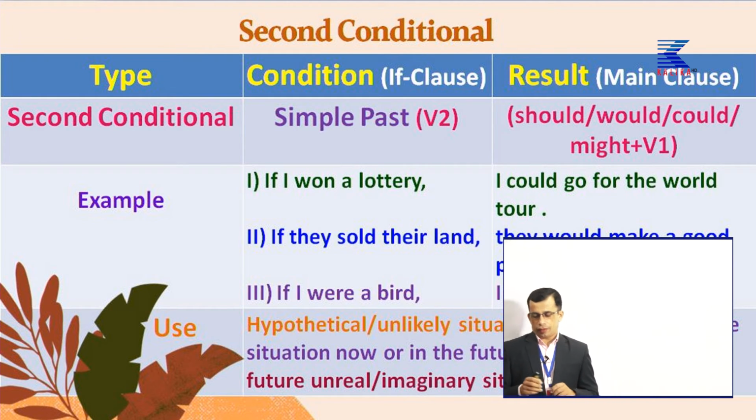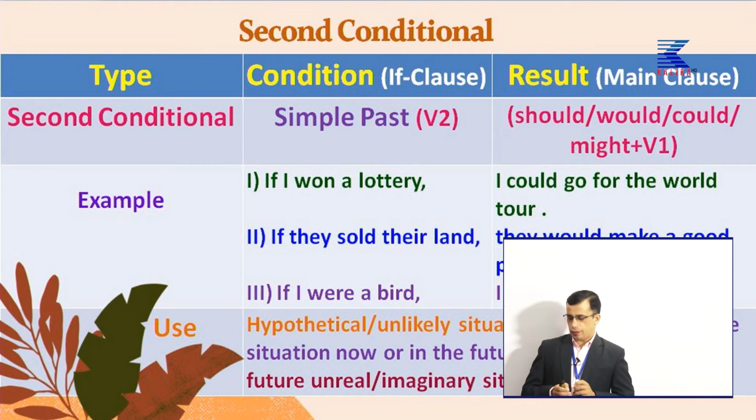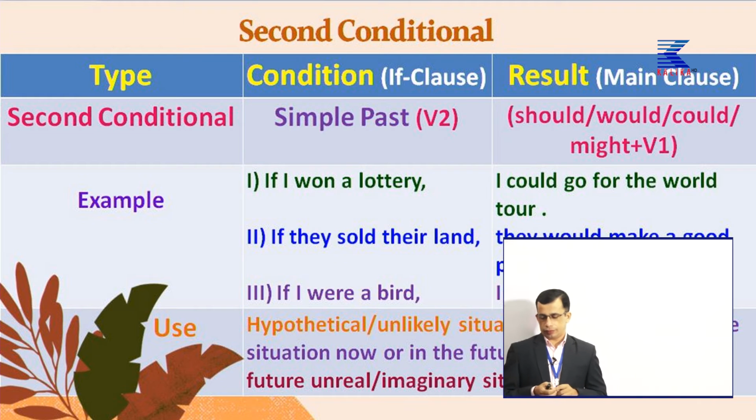Similarly, second example, if they sold their land, they would make a good profit of it. In the if clause, there is the use of simple past or verb 2. So, in the result or consequential part, or main clause, would plus verb 1 has been used.